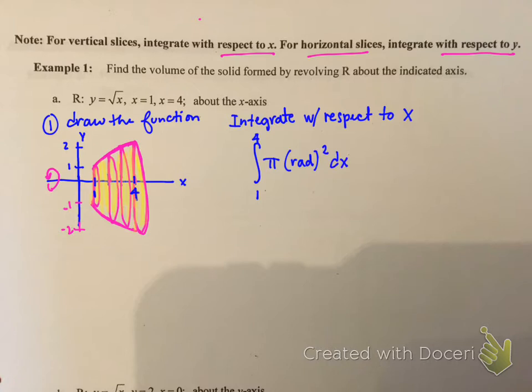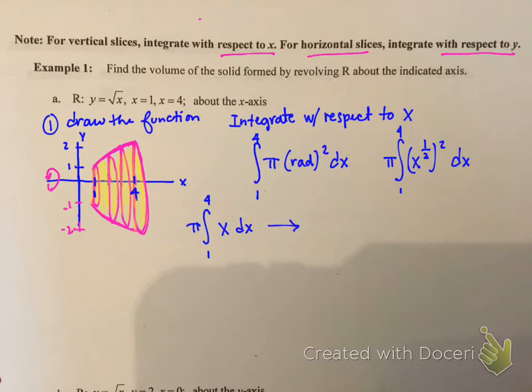So what is the radius? The radius is your function. So this becomes integration from 1 to 4. I'm going to kick the pi out. The radius is x to the 1/2 power, that's the square root of x, and I have to square that, dx. So x to the 1/2 squared is just x. So I'm integrating from 1 to 4.